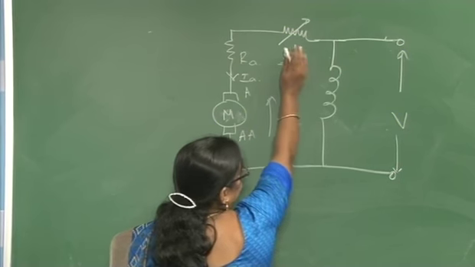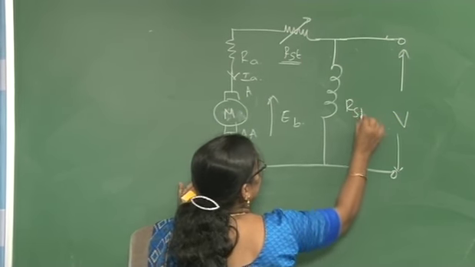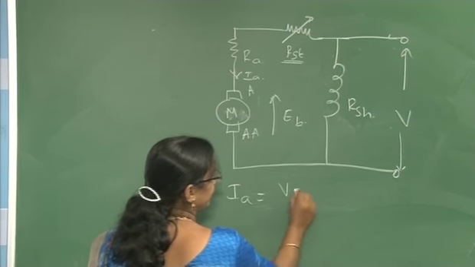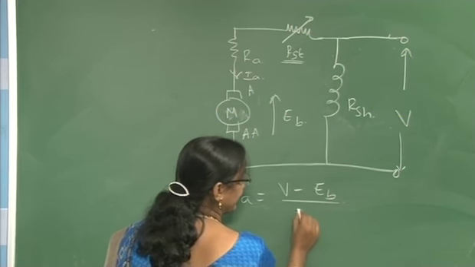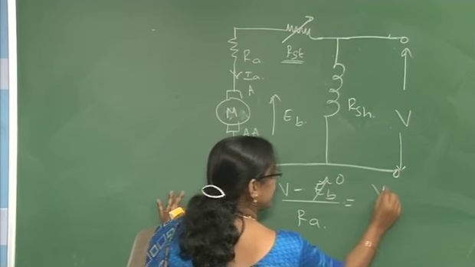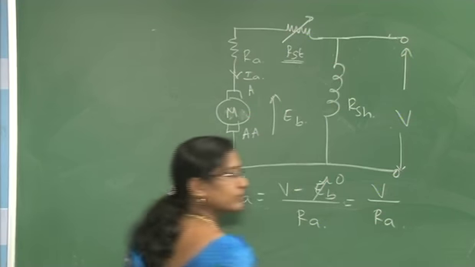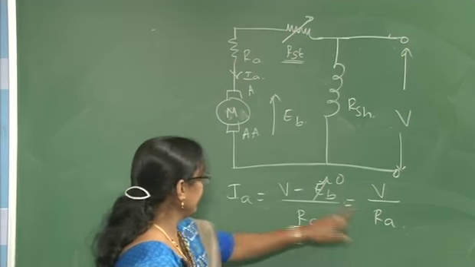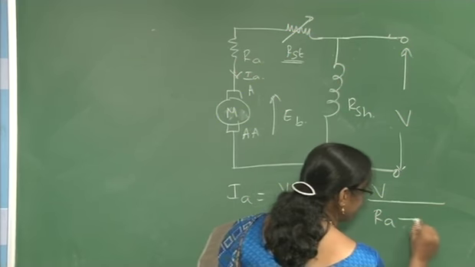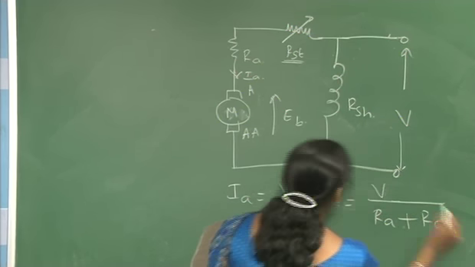In the beginning, if you do not have this, what will happen? You see that current IA is equal to V minus EB divided by RA. Since EB is equal to 0, this is V divided by RA. There will be more current at the time of starting. That is why you add this RST like this.